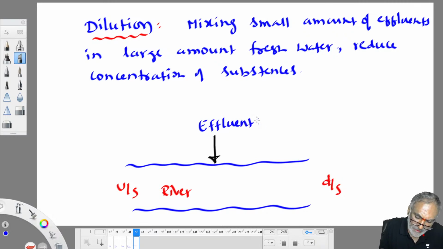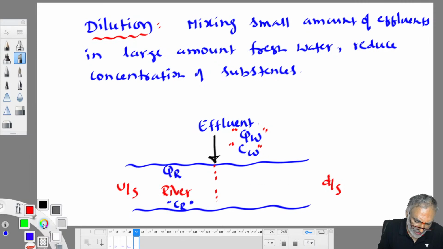So Qw amount of effluent with concentration of substances Cw you disposed into the water course, and on the upstream side it is pure only. The amount of water flowing on the upstream side is Qr, with concentration of that substance on the upstream side Cr, let us assume. The river flows in this direction, upstream to downstream.